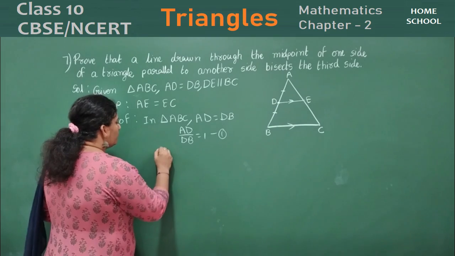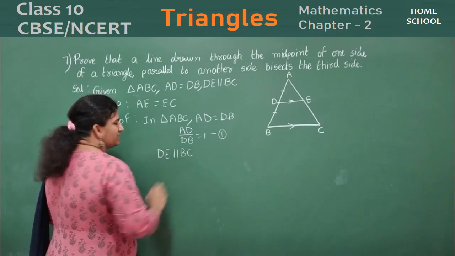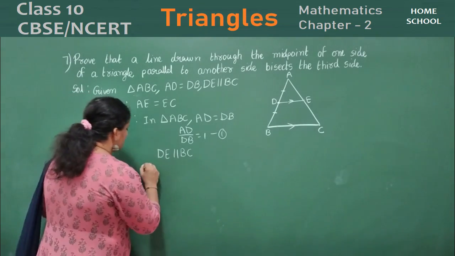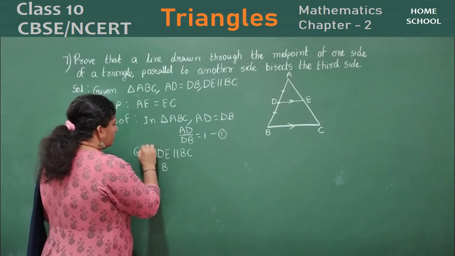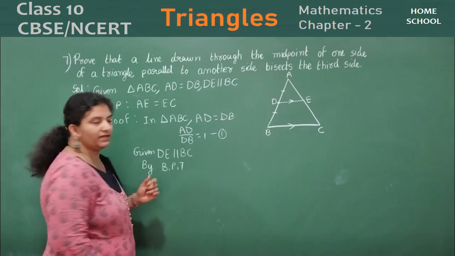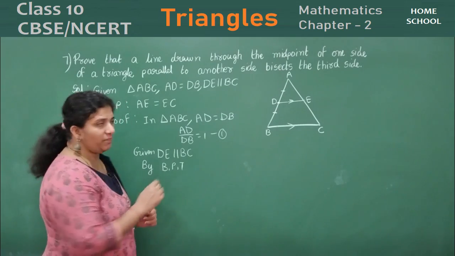Now, what is given here? DE parallel to BC. They have given DE is a line parallel to BC. So now, by this given you can write, by basic proportionality theorem, if those two are parallel, then the ratios are in proportion.